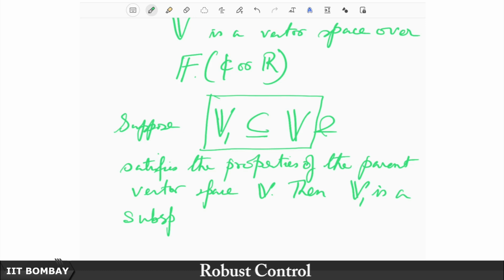Okay. A subset is not necessarily a subspace, right. It will only become a subspace if it satisfies all the properties of the vector space.